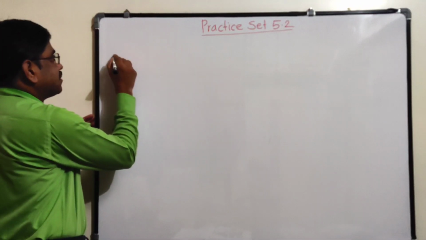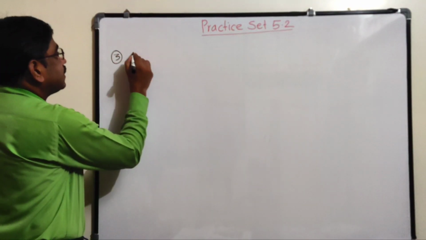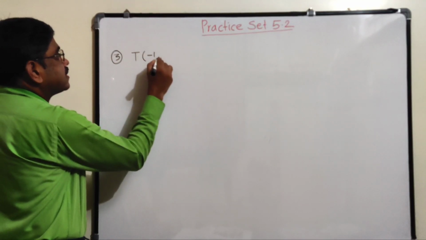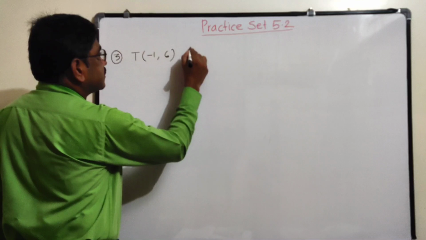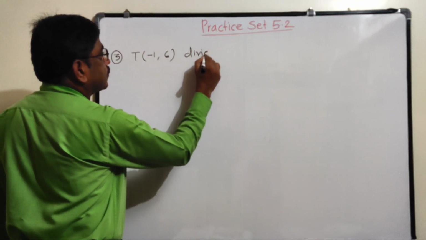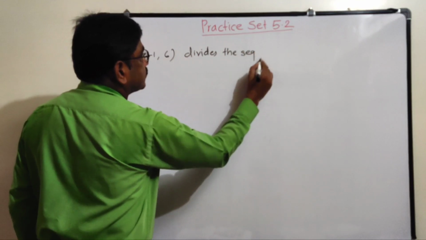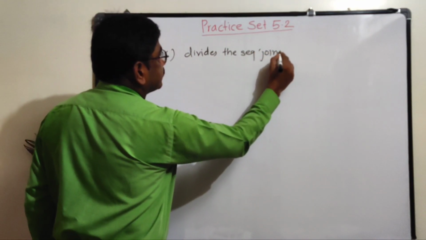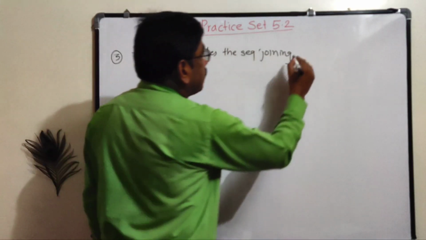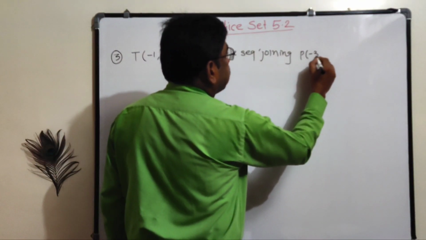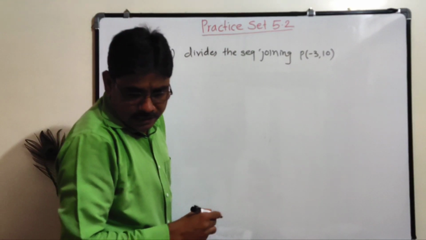Now in question number 3, the points are given here. T (-1, 6) divides the segment joining P (-3, 10) and Q (6, 8).